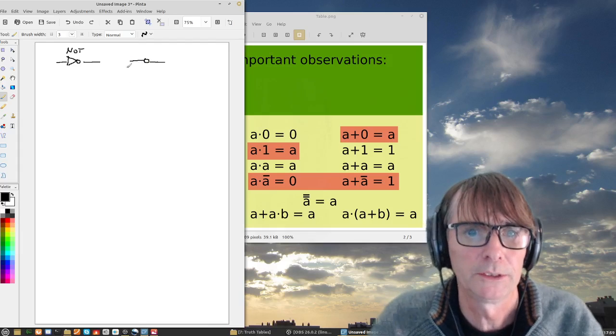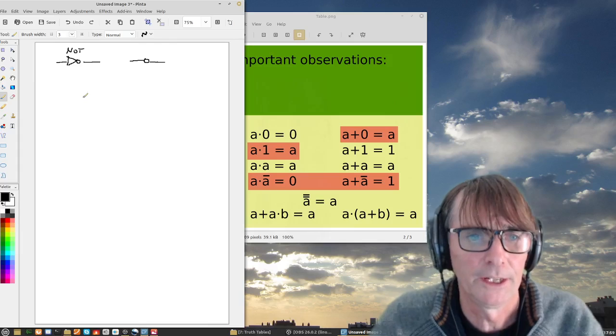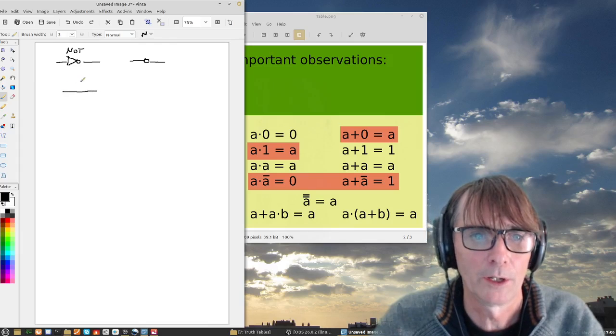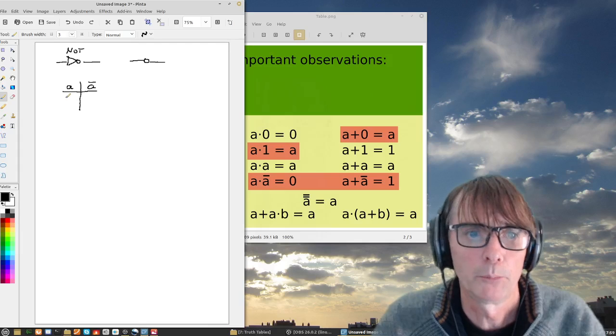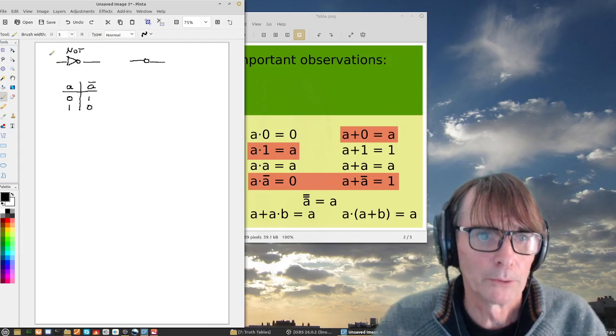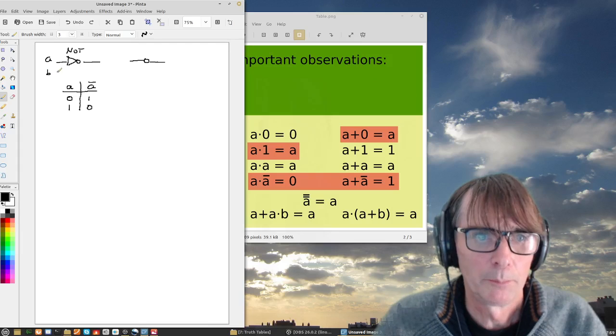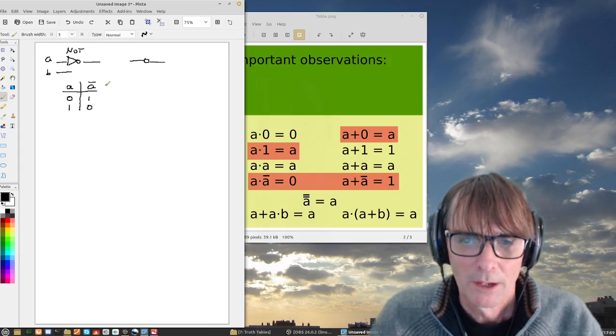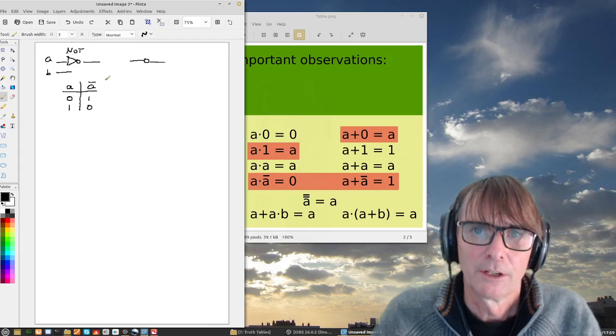Anywhere in the circuit when you see this, you will have to imagine it's a negation, and that has just one input. So the truth table is just A, and then we would have not A. What would it be? Well, with one input you have only two possibilities. You have 0 and 1, and then the output is 1, 0. So that is another gate. Actually, I could put here A, and then I could put here B, and B is not doing anything. So now we have 5 gates.